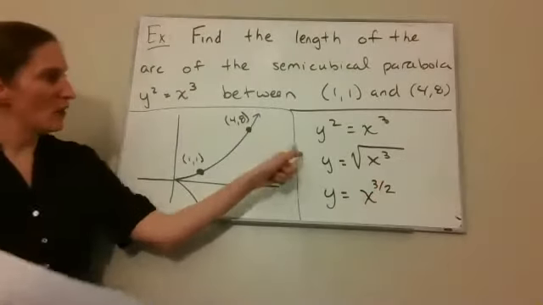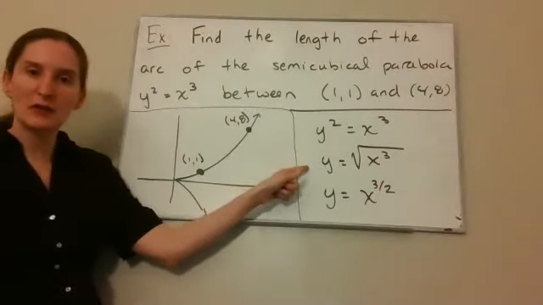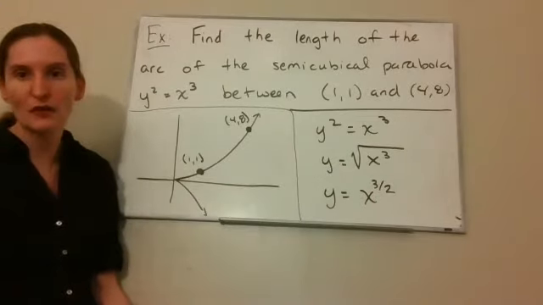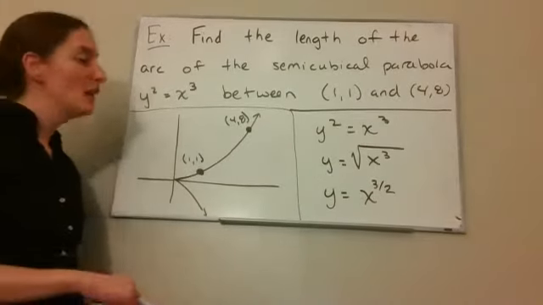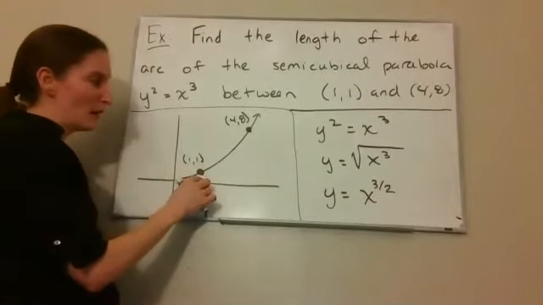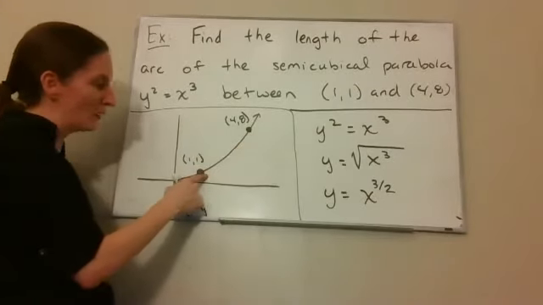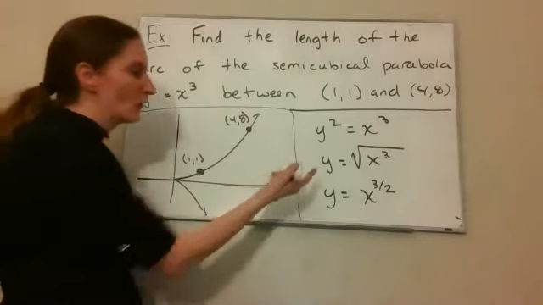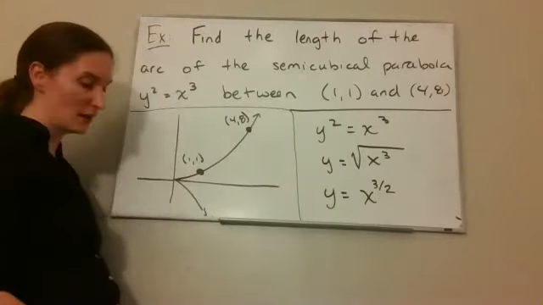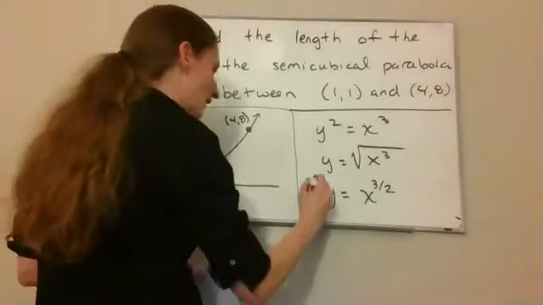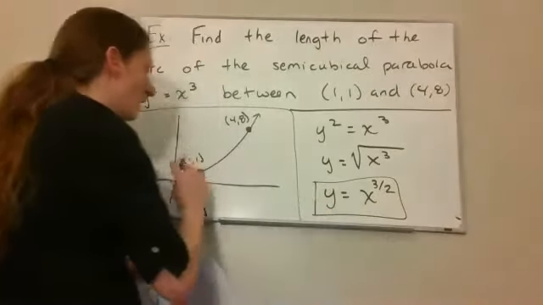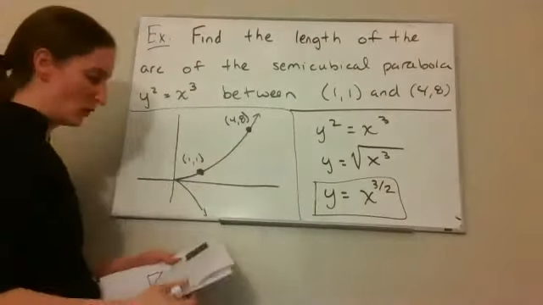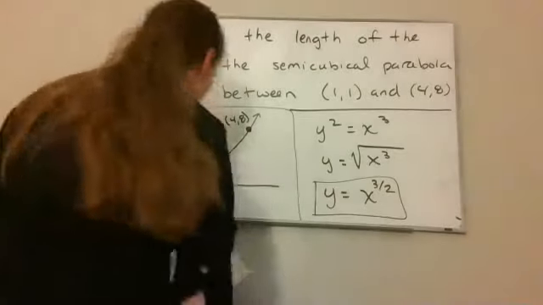Notice when I solved for y, I took a square root, but I only wrote down the positive root, not plus or minus, because the part I care about for this problem is above the x-axis, so I only need the positive y values. So this is the equation that we need for a function in between those 2 points.